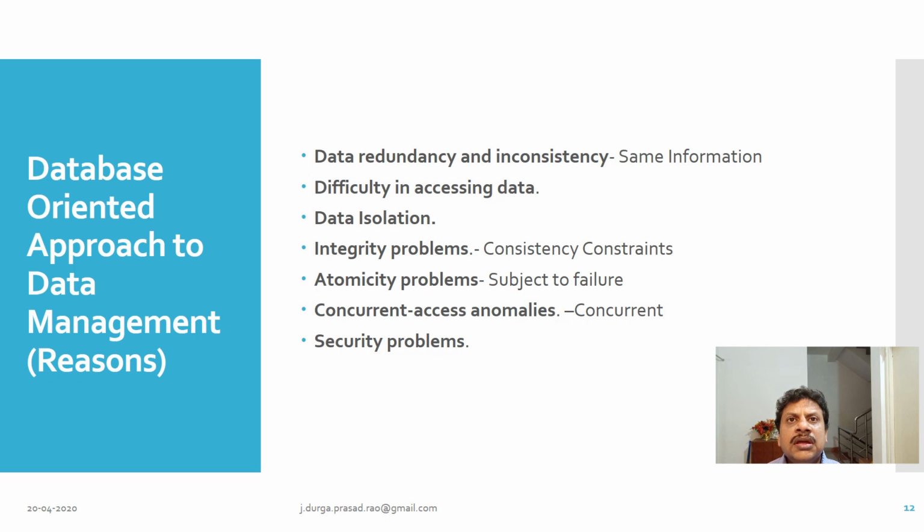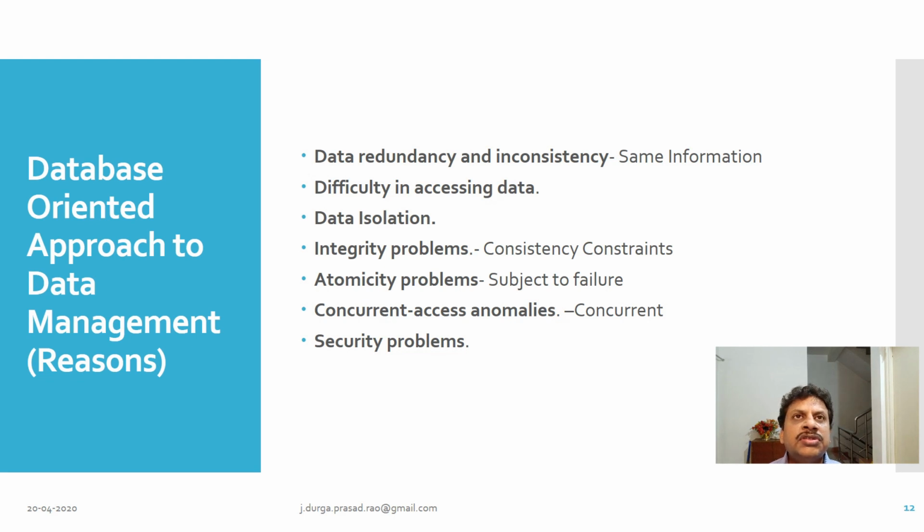Consider bank account B containing rupees 5000. If two customers withdraw rupees 500 and rupees 1000 respectively from account B at about the same time, the result of concurrent executions may leave the account in an incorrect, or in technical terms, inconsistent state.